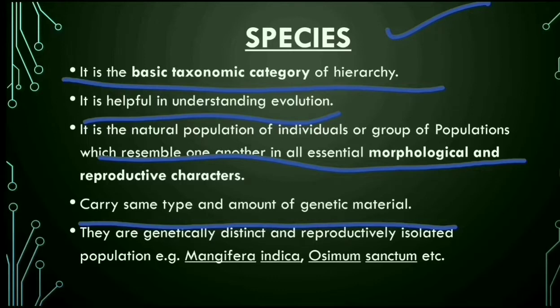That's why they have the same type and amount of genetic material. They are genetically distinct and reproductively isolated populations. Example: Mangifera indica, commonly known as mango, or Ocimum sanctum, commonly known as tulsi.